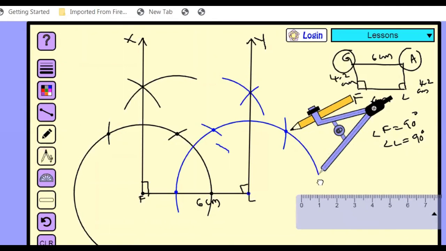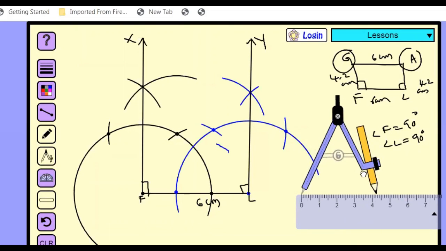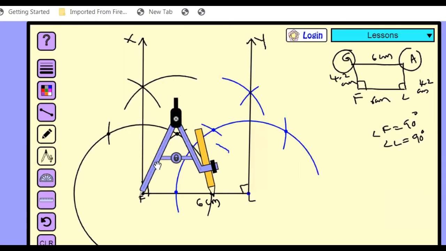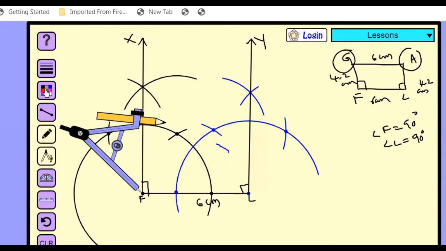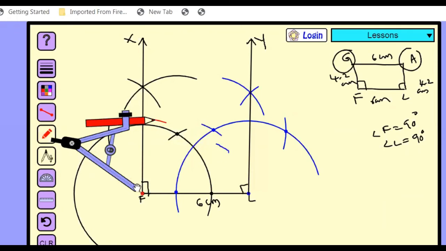Take the compass radius as 4.2 centimeters, and with F as the center, radius 4.2 centimeters, draw an arc which cuts the previous ray Fx at point G.